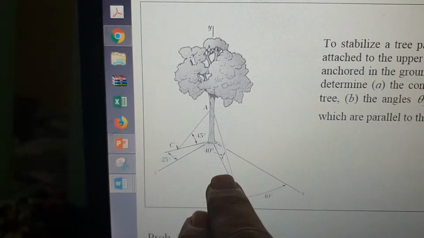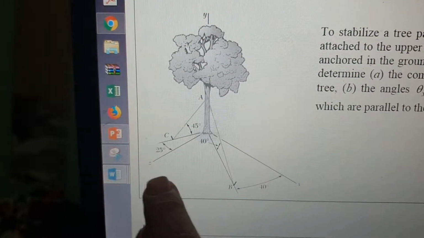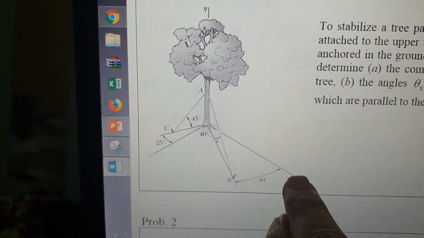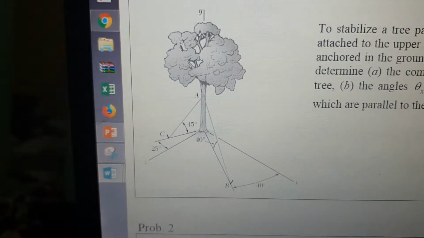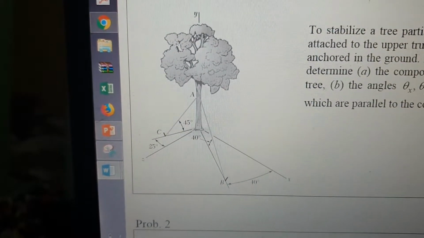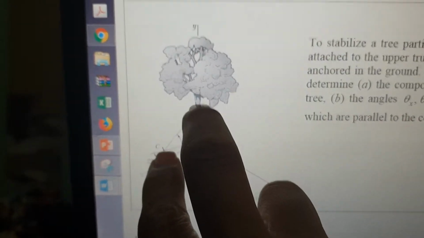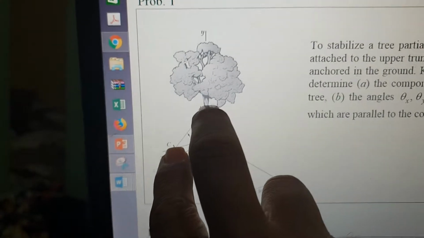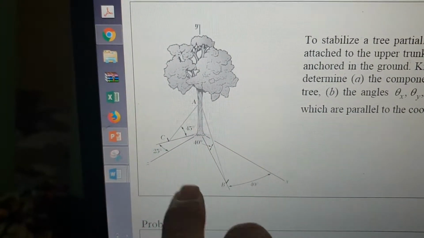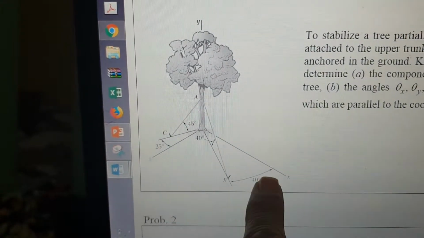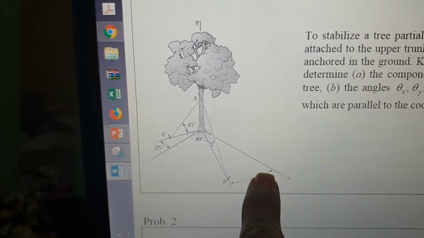First of all, you can see that the floor is the z-axis and the x-axis, and the y is perpendicular to both. So now, first thing, we have to bring this one down to the floor, which means down to the xz plane.